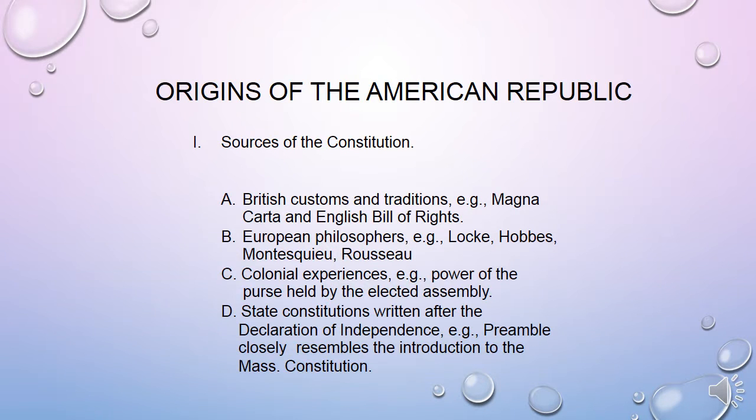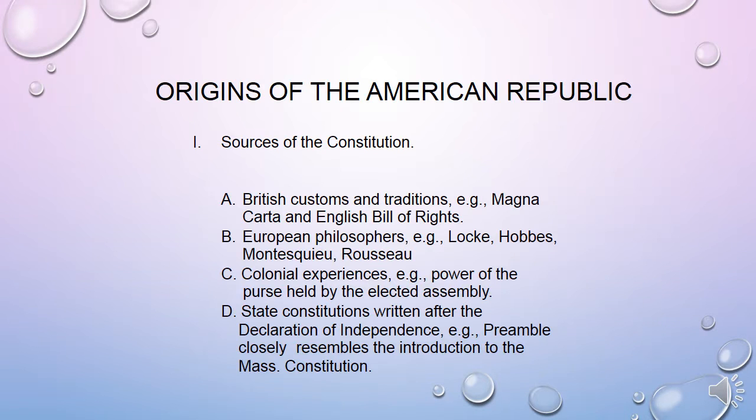Origins of the American Republic. Okay, so let's talk about the sources of the Constitution. It didn't just appear out of thin air. Just like you and I, we try to steal the best ideas of others and meld them into what is useful for us. So, British customs and traditions, the Magna Carta and the English Bill of Rights are certainly very important.